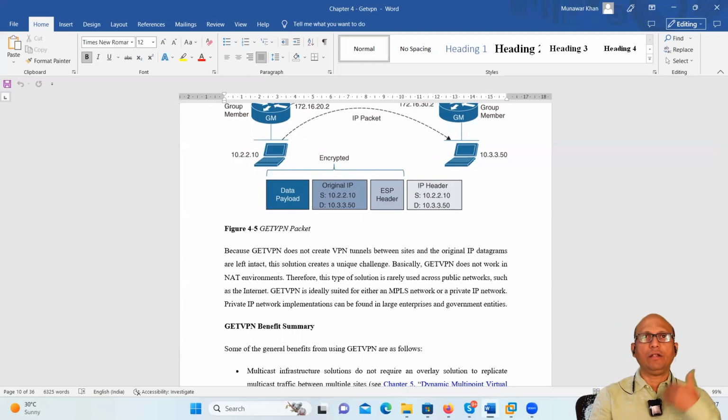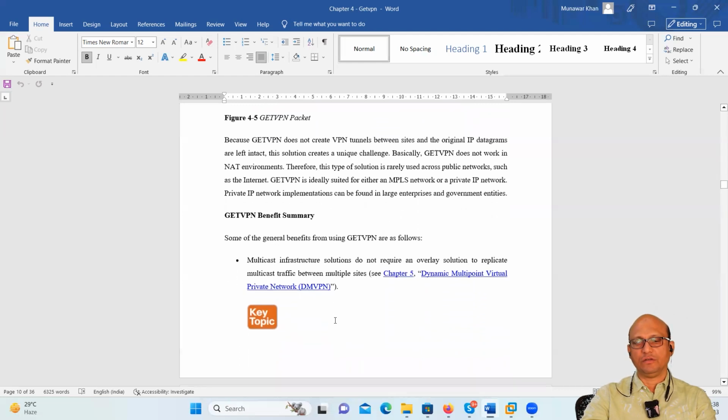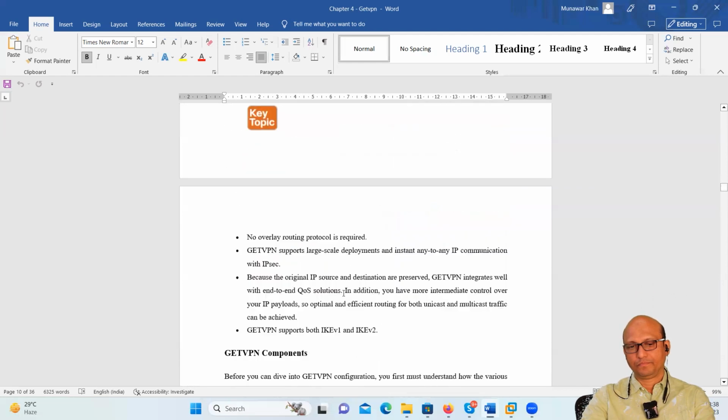Why does it need to get added extra? GETVPN does not work in that way. Why do we want to do that? Because we are not sending the traffic to the internet, shared media or shared infrastructure. Clear?